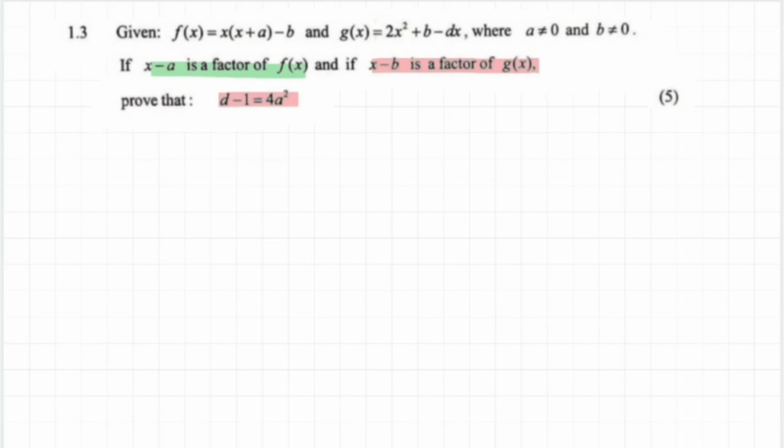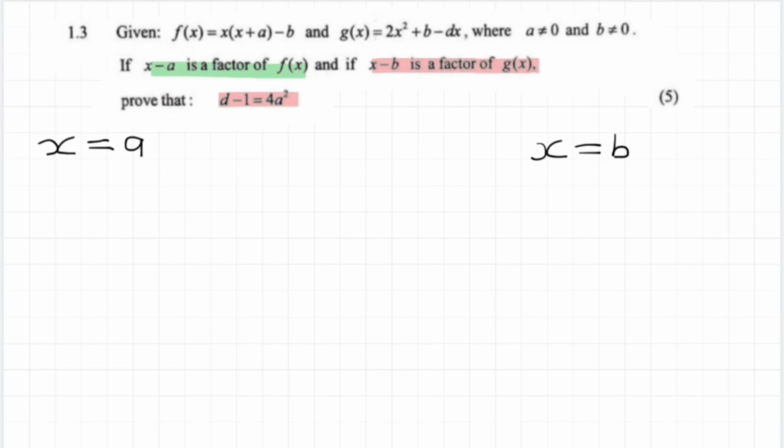So what do we know about factors? We know that if x minus a is a factor of f of x, then x is going to be equal to a. For example, if we have x minus 2 as a factor, x is going to be equal to 2, just like that. And if x minus b is a factor of g of x, it means that x on the other side is equal to b.